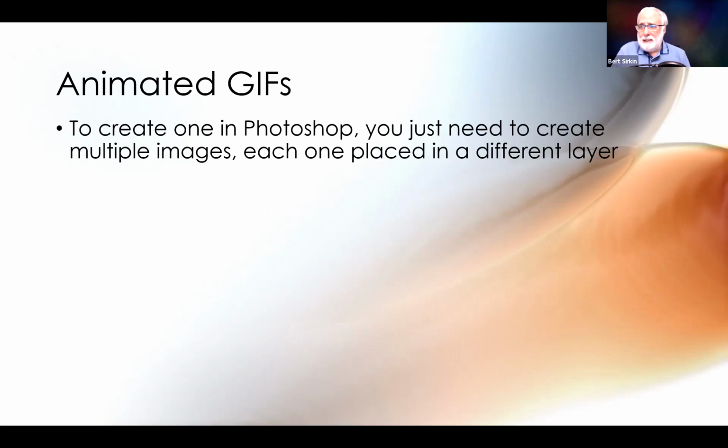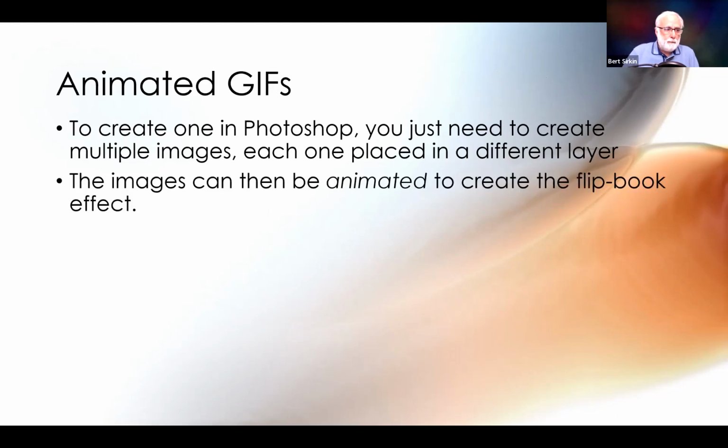So to create an animated GIF in Photoshop, you just need to create multiple images, a sequence of some action. And each one is going to get placed on a different layer. So the images can then be animated to create the flipbook effect.